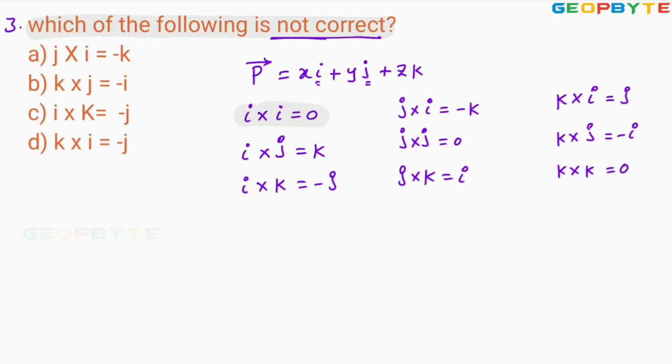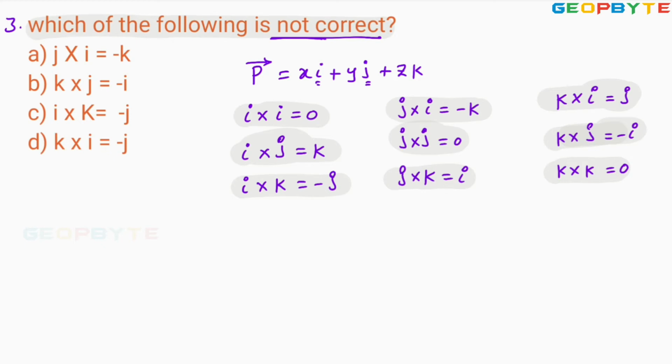So i into i equal to 0, i into j equal to k, cross product of i and k equal to minus j, cross product of j and i equal to minus k, cross product of j with j is 0, cross product of j and k equal to i, cross product of k and i equal to j, cross product of k and j equal to minus i, cross product of k with k is 0.